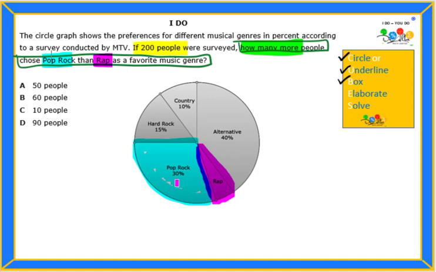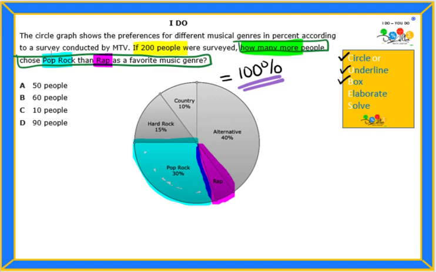So I have a percent for pop rock, but I don't have a percent for rap. So we have to remember that when we have a circle graph, the total for the entire graph is 100%. So to find the rap percent, we can figure out how much of the percentages have already been allocated.